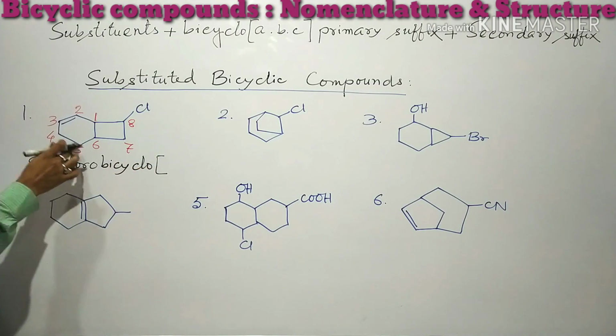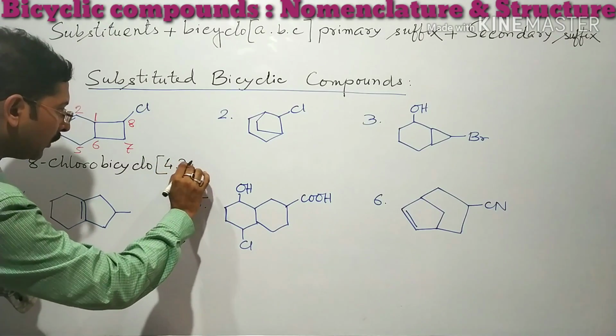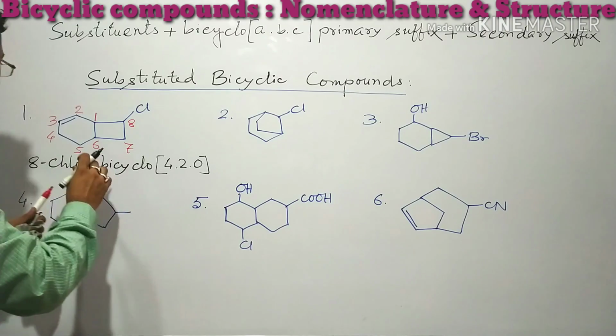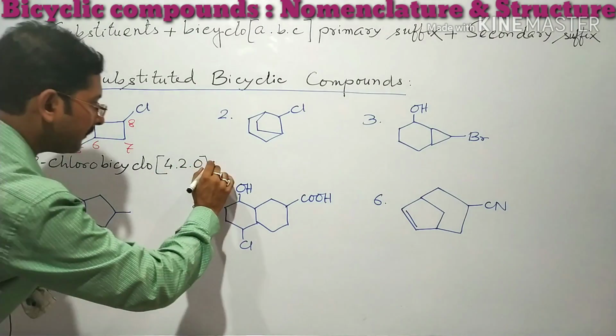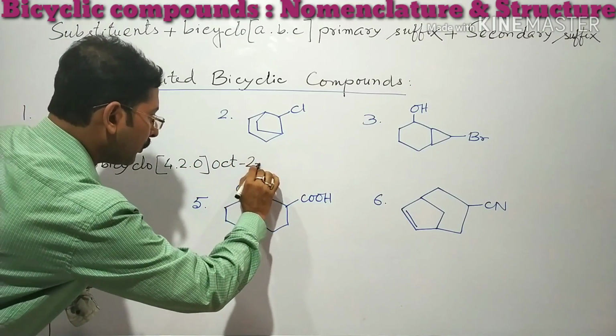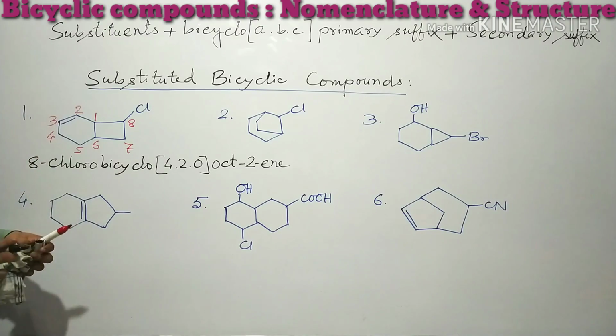There are 1, 2, 3, 4 carbons and there are 2 carbons. So 4, 2 and 0. No carbon there. 4, 2, 0. Total 8 carbons are there. Oct and 2-ene, double bond is at 2 position.